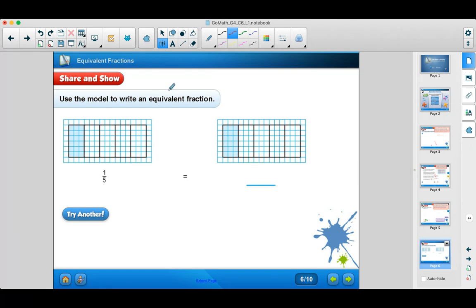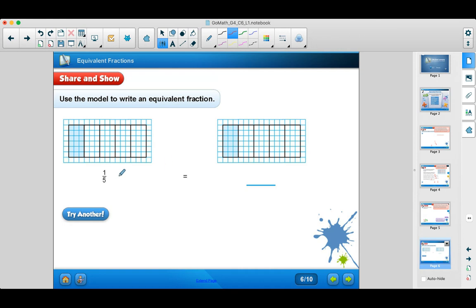Okay. Right now, I'm going to use the model to write an equivalent fraction. So right now, I have my denominator is 5, and I have one box shaded. So 1/5 of this model is shaded. I want to make an equivalent fraction here. So whatever I do to the denominator, I have to do to the numerator.